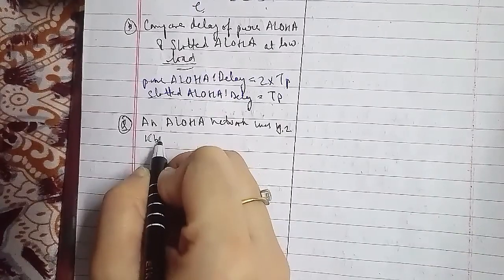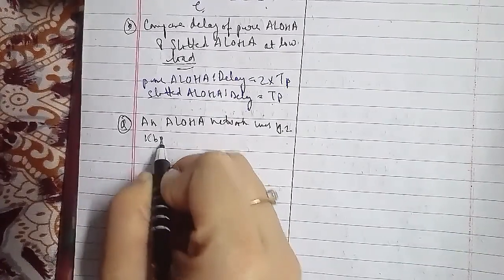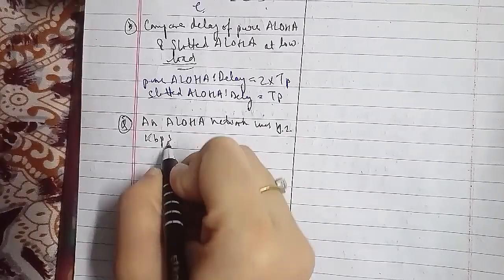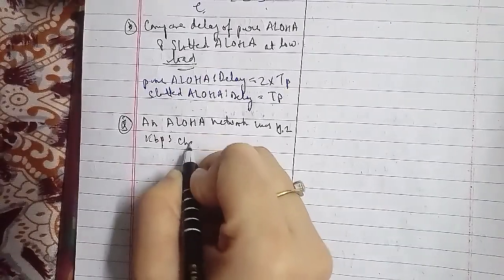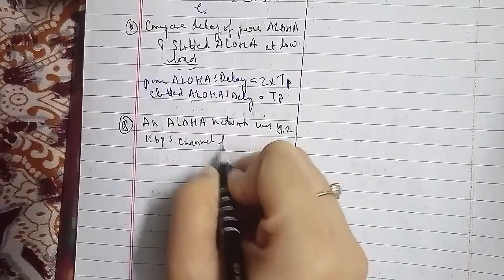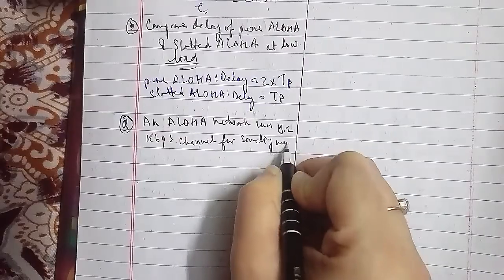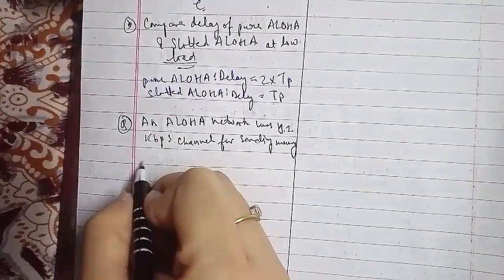The question is: an Aloha network uses a 19.2 kbps channel for sending message packets of 100 bits. You have to calculate the maximum throughput for the pure Aloha network, and that has also been asked in 15, 16 or 5 marks questions, so we have to write it down as well.